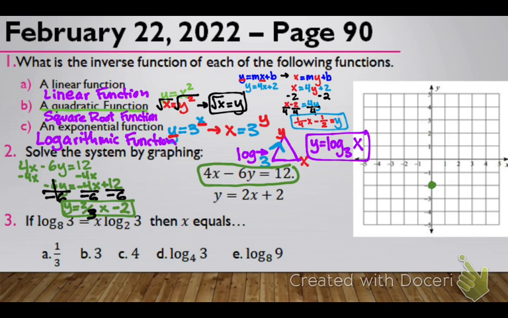Up 2 and right 3. I have 2/3 x. Oh, looks like that's about as far as I can go in this direction. Can I go the other way? Which way would I move to go the other way? Left 3 and down 2. Right? And I can draw my line.